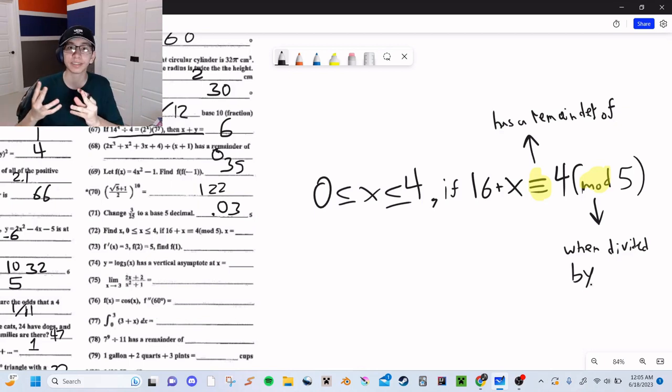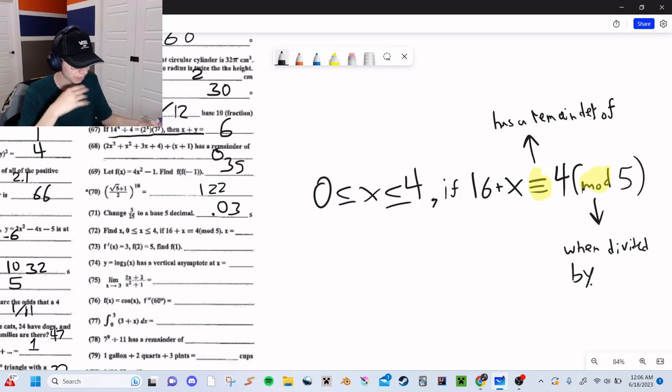So we put it all together, we're saying x is between 0 and 4. So for x, which is in between 0 and 4 inclusive, if 16 plus x has a remainder of 4 when divided by 5, right? So I'm solving for x, I'm finding x.